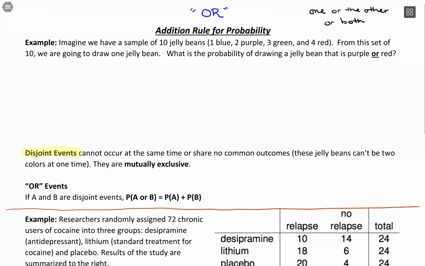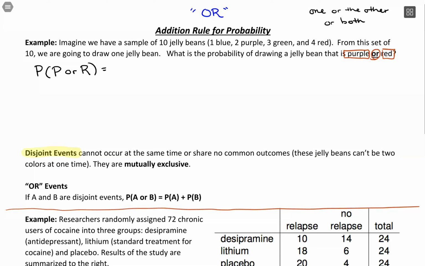So we have our 10 jelly beans that we've been working with. We're drawing one jelly bean, and we want to see what's the probability that it's purple, and then there's our connecting word of "or," red. In terms of notation, I write probability of purple or red. Intuitively, looking at the outcomes here, we'd have our 2 purple jelly beans or our 4 red jelly beans.